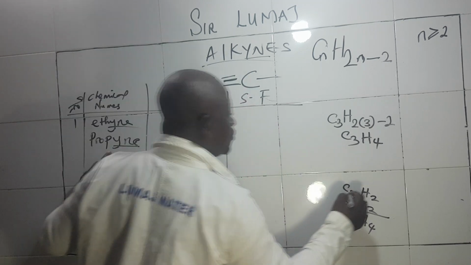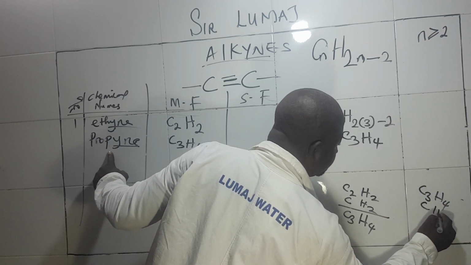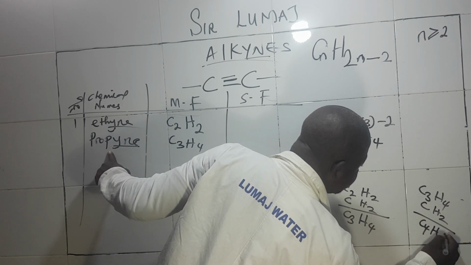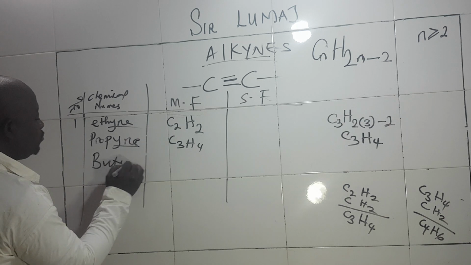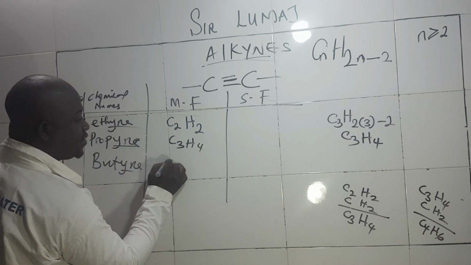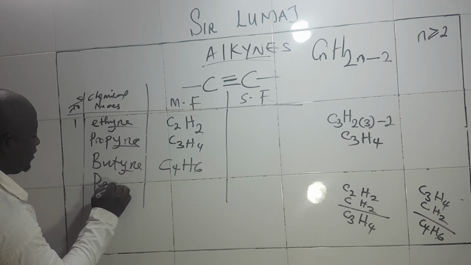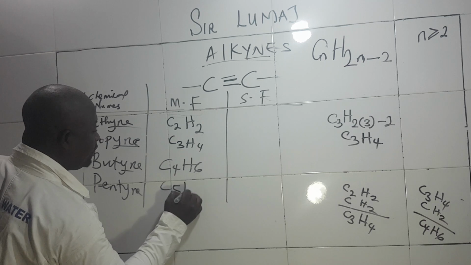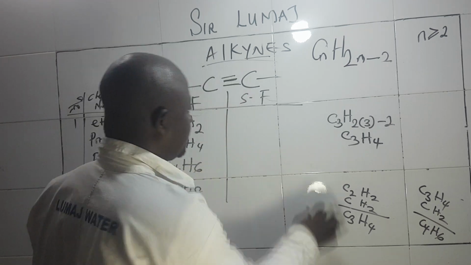If I do the same thing to this C3H4, homologous series differs by CH2. The next one will be C4H6, then your butyne will be C4H6. Your pentyne will be C5H8.